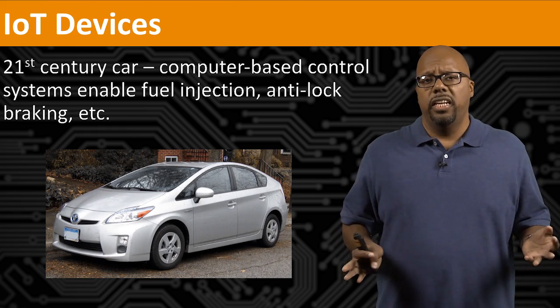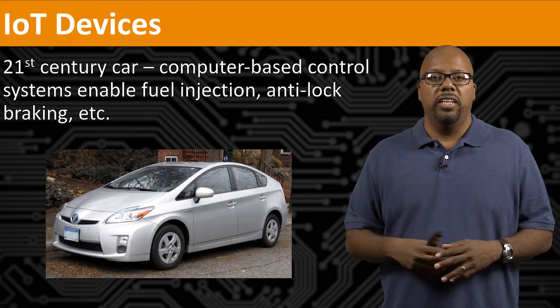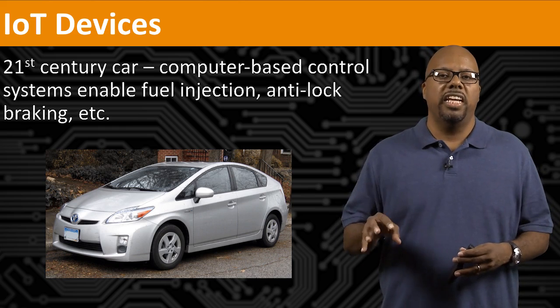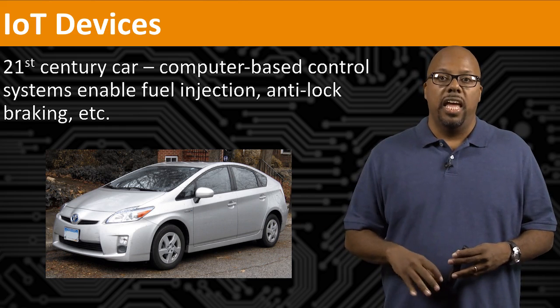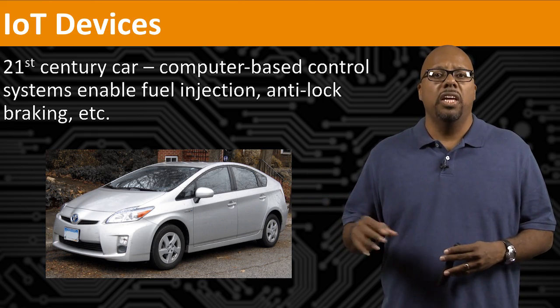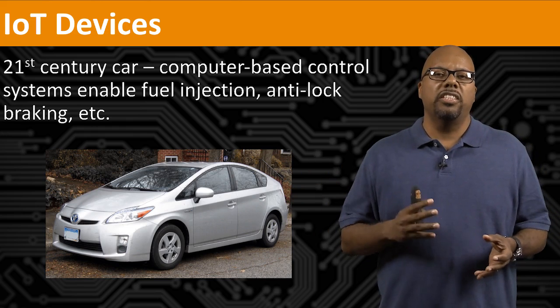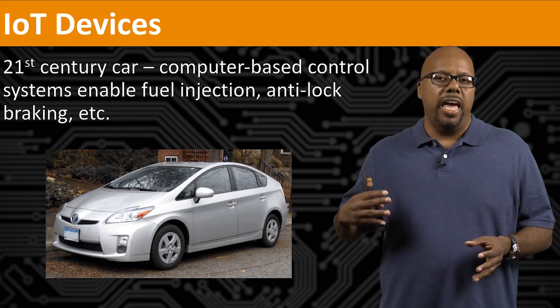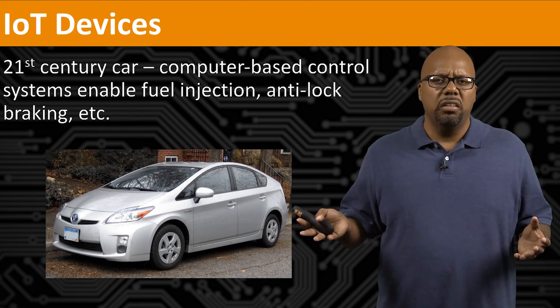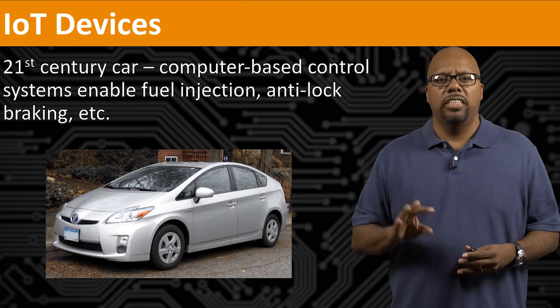For instance, it's got an anti-lock braking system, they all do these days, and it'll have its own processor dedicated just to anti-lock braking. It's got a fuel injection system, with another processor dedicated to that. So every subsystem has its own processor. It's also got a stereo, and the stereo system has its own processor. Every subsystem inside the car has its own processor.